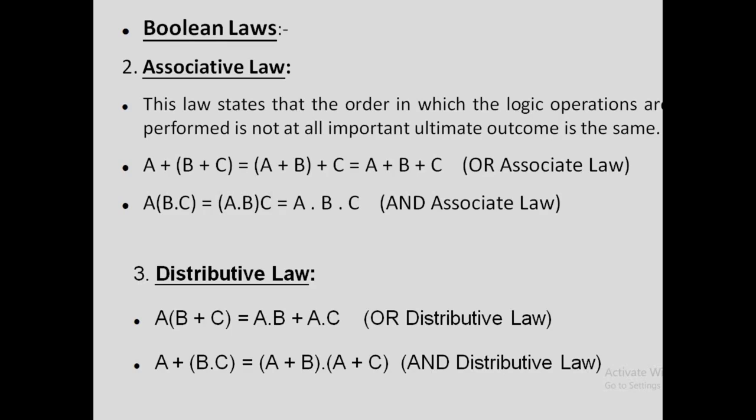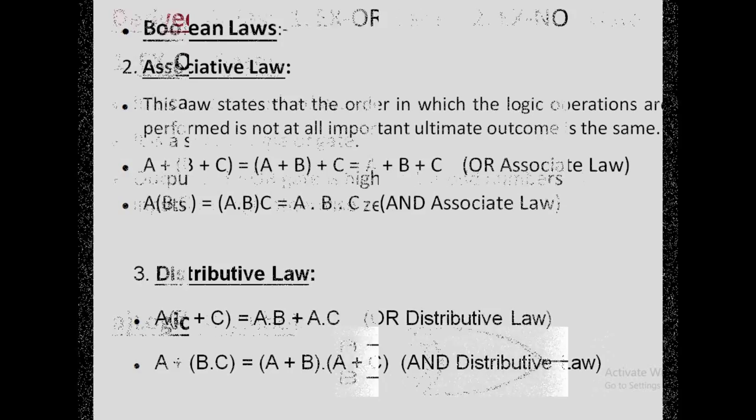A dot (B plus C) is equal to A dot B plus A dot C. Next, A plus (B dot C) is equal to (A plus B) dot (A plus C).